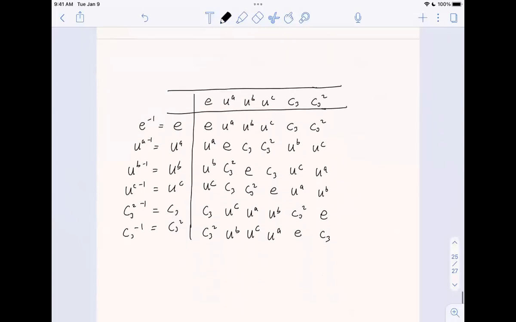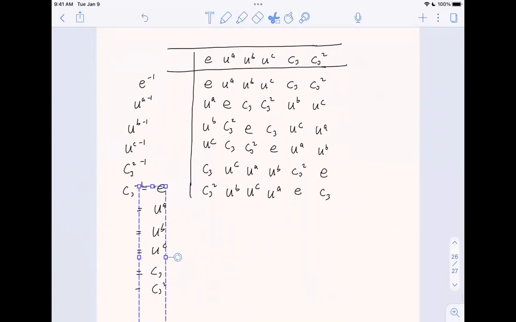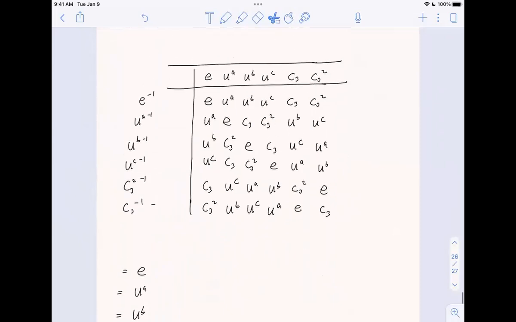What we're going to do is write a character table, where all the elements here are the inverse of the horizontal ones. So we want to write something like this.